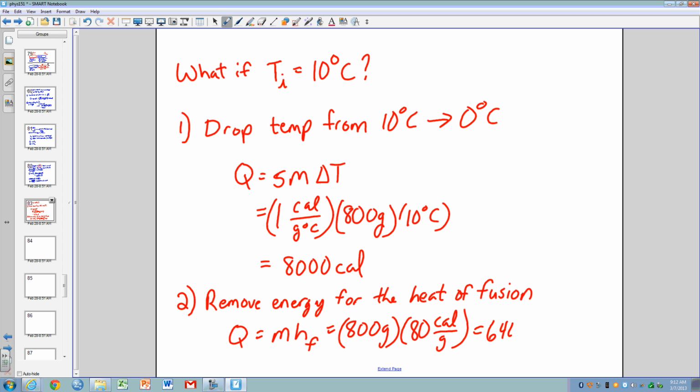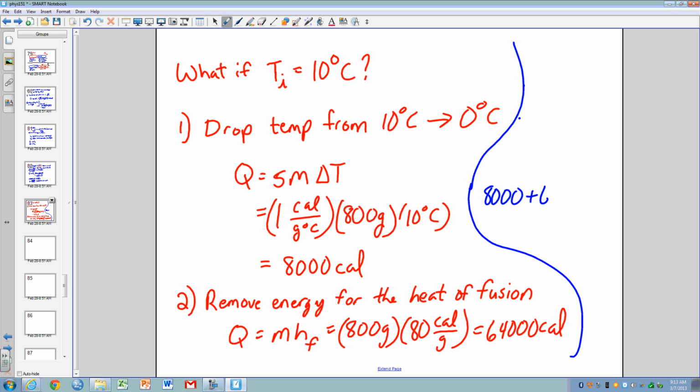That was 64,000 calories. So if I have this water at 10 degrees Celsius, the total amount of energy that I have to take away to freeze the whole thing is going to be 8,000 plus 64,000, which is, what, 72,000 calories.